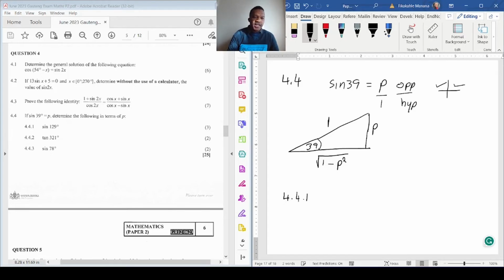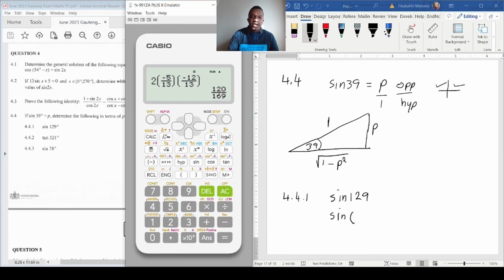Now 4.4.1 says calculate sine 129. Now we have to rewrite 129 in terms of reduction formulae, and we have to use 39. Just by looking at it, if I say 180 minus 39, that gives me 141, so it doesn't work out.